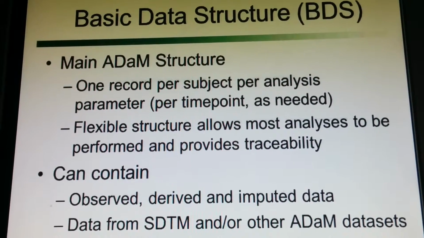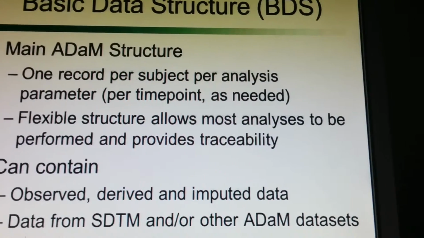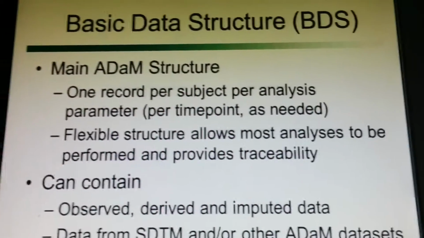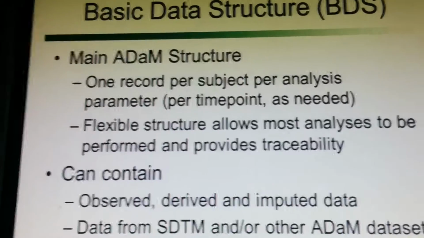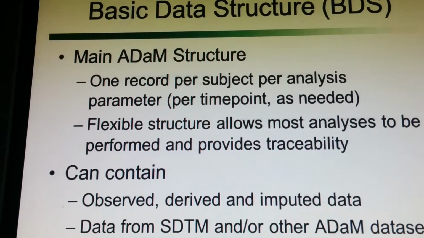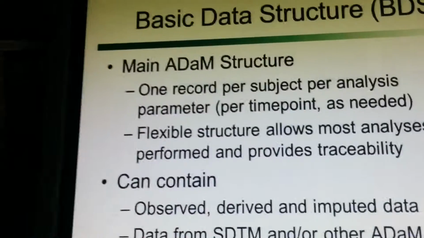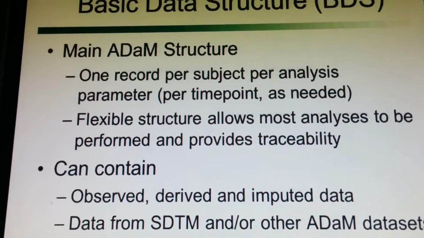But data can be copied from ADSL. It contains timing variables, and it also contains analysis parameters and indicators. Okay? It may also contain additional variables, such as your covariates. So think about if you're analyzing by age group, where you've got two different age groups. Those would be pulled over from ADSL.